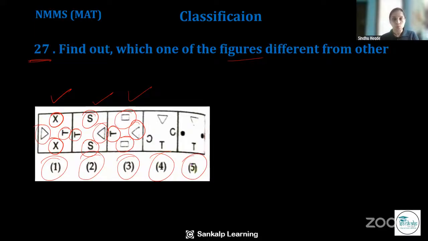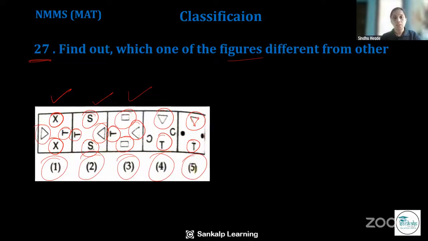Come to option 4 or image 4, T which is opposite the triangle. This is common for all the images. See here, image 5 also has letter T facing the triangle. So in all images 1, 2, 3, 4 and 5, the letter T faces the triangle oppositely. So we have to find out the difference on a different concept.